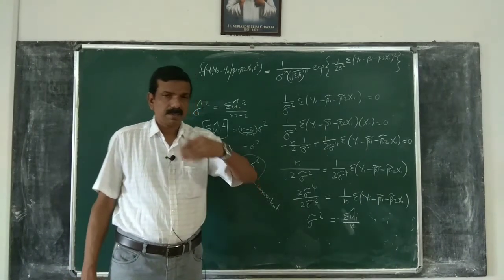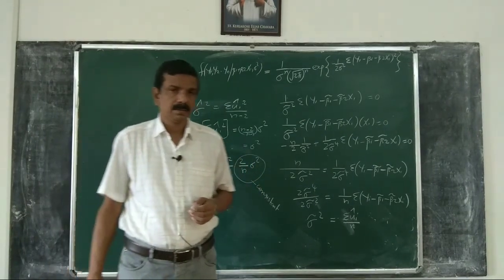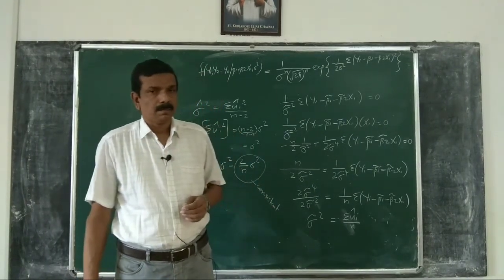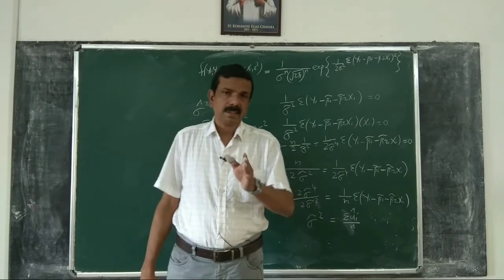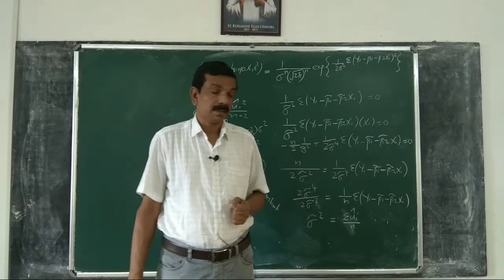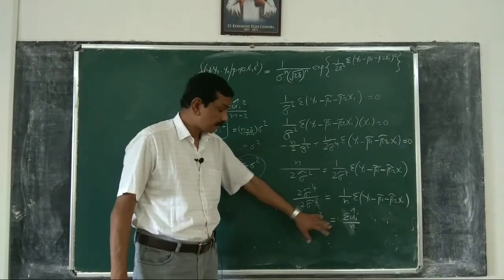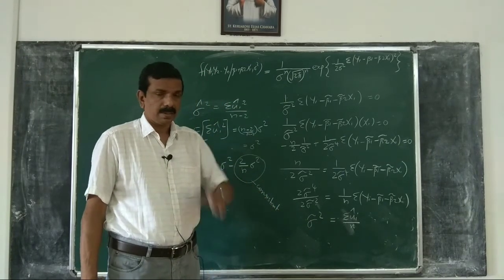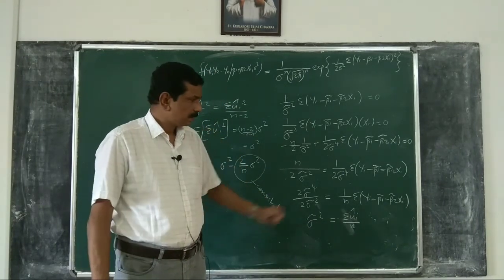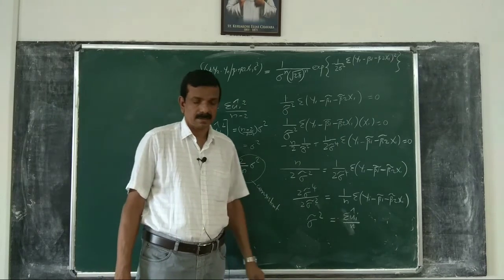So if you compare ML with OLS, remember this: both the estimators of beta 1 and beta 2 are the same. The difference is the estimator of sigma square. The OLS estimator is unbiased, the ML estimator is biased.